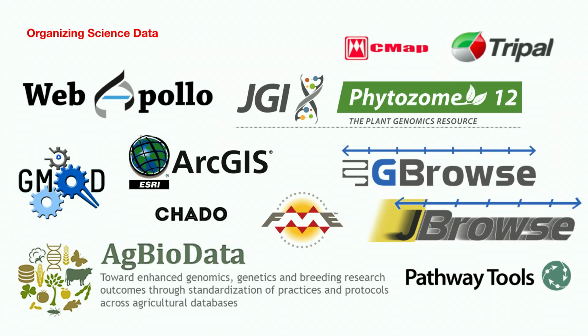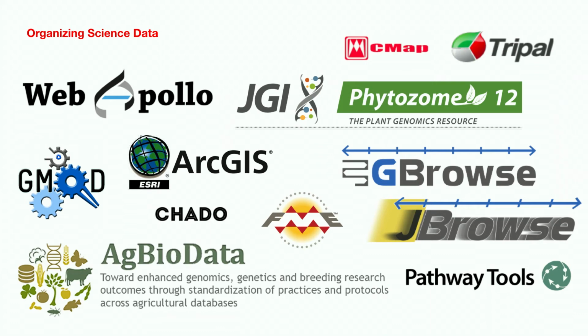And just to mention some of the things that are tied to Drupal. It makes use of some of these other tools that are available. Many of them have been created by the GMOD project, an effort, the generic model organism database project, which has built a lot of tools to help resolve information that comes from the databases.